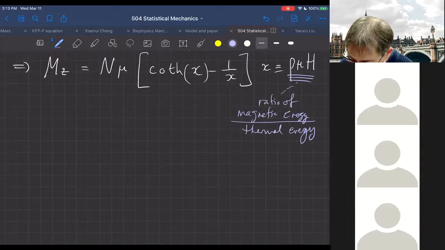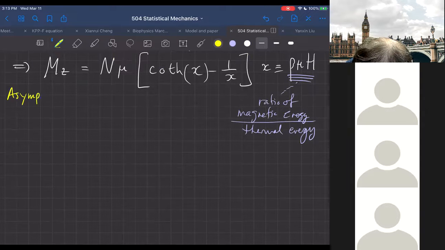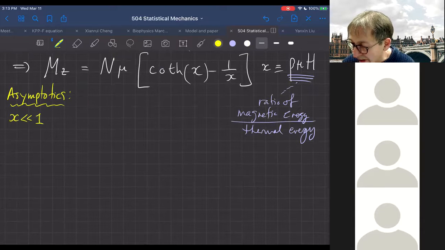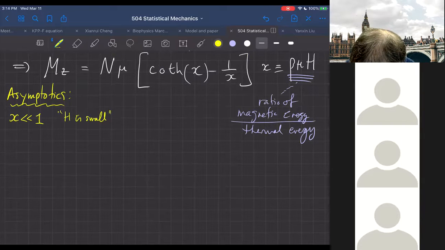So now we can ask, what does this thing look like? Let's work out the asymptotics. First of all, we look at the regime where x is much less than 1. For x much less than 1, that means that either h is small or t is large.